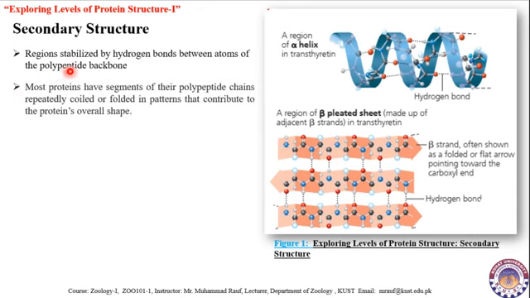So these are regions stabilized by hydrogen bonds between atoms of the polypeptide backbone. Now we have two types of secondary structures. One is alpha helix and the other is beta pleated sheets.